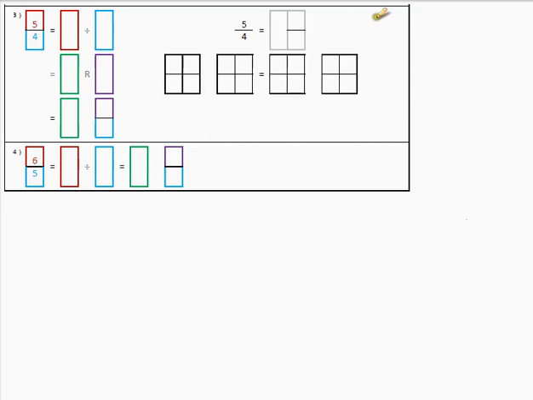Now you're going to try to do this one on your own. Hopefully the colors there will help you. Please pause the video and do this on your own. We are going to say it's 5 divided by 4. If you find remainders hard, please go to my division worksheets.